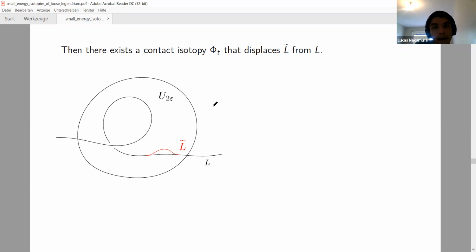In the end, we want to obtain a bound on the energy, so we need to obtain a bound on the energy of this isotopy phi. And for this, we can use that L tilde is non-Legendrian.